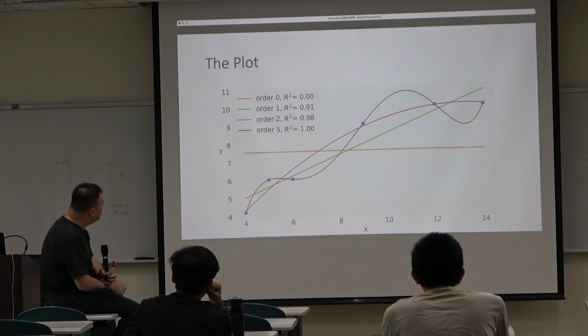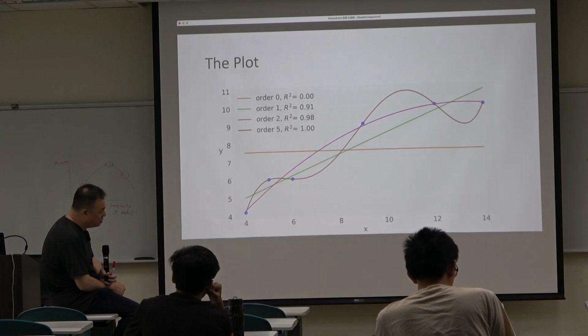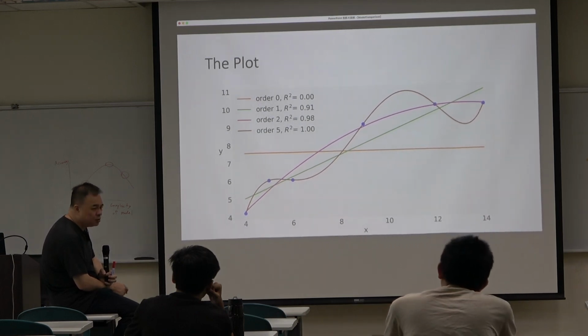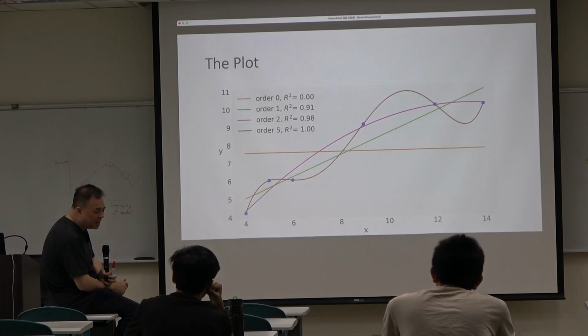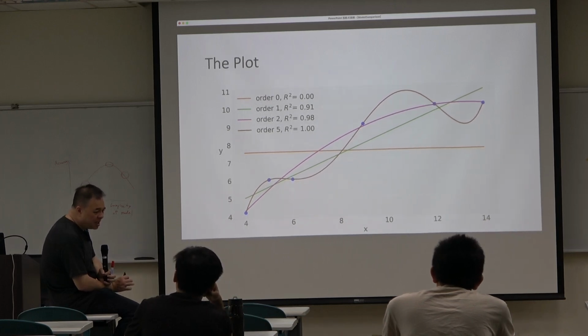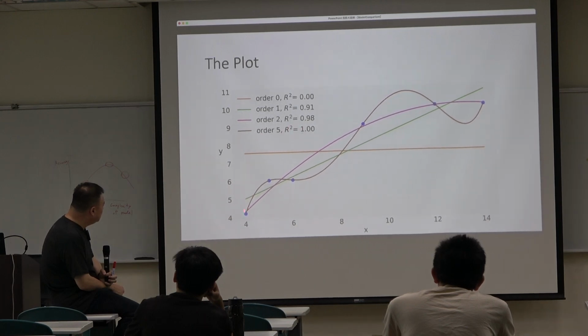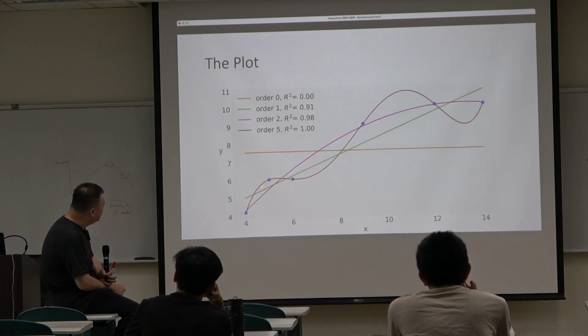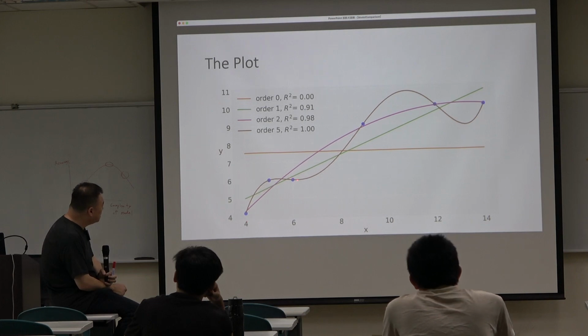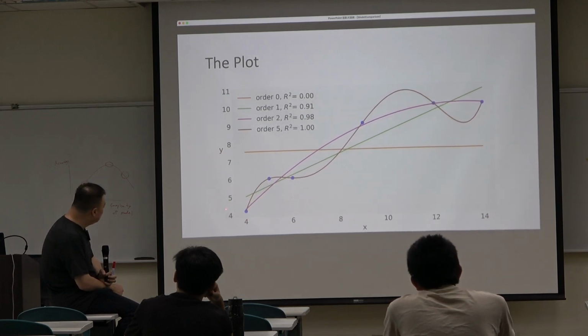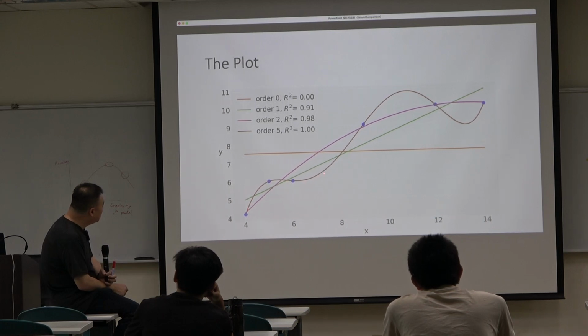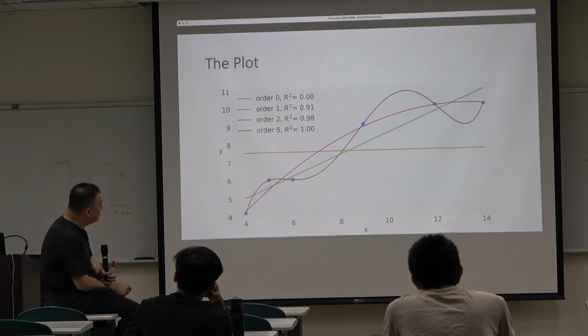And order 5: if you write down a model with order 5, you will see that you have 6 unknowns. Obviously, if you fit a model with order 5 to 6 data points, you get a perfect fitting. So that brown line gives you a perfect fitting of those 6 points.